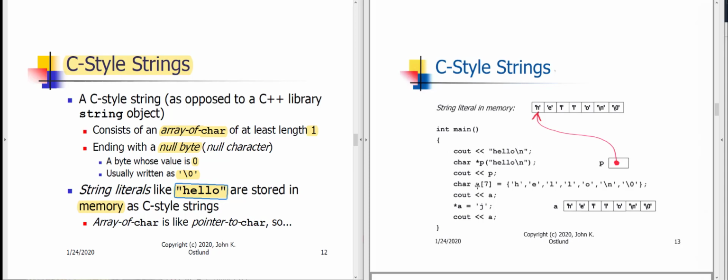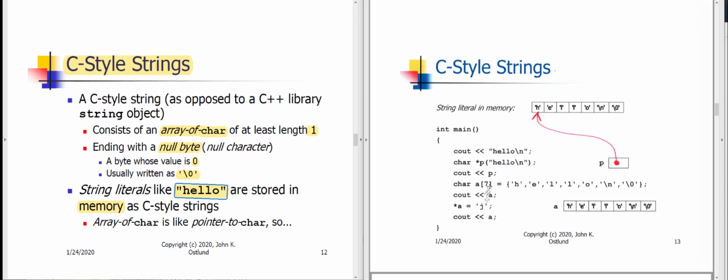Next we have an array of char called A. It's an array of 7 char, and we've used array initialization notation to initialize those 7 chars with HELLO new line null. Now, because this char array does have a null character at its end, it is a C-style string, even though it's not in double quotes.